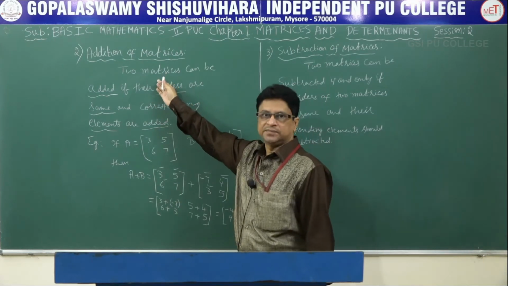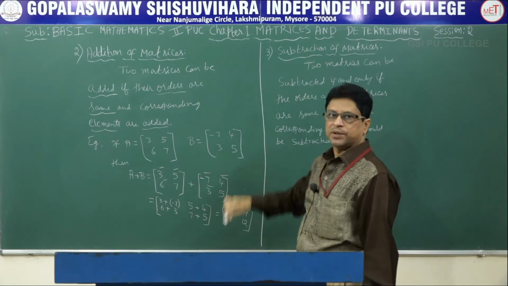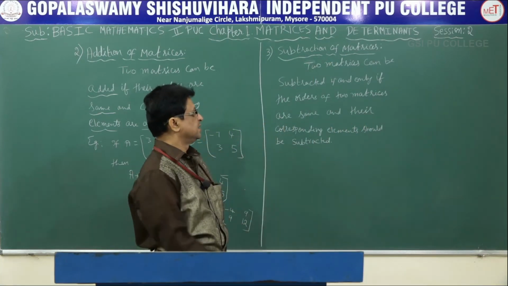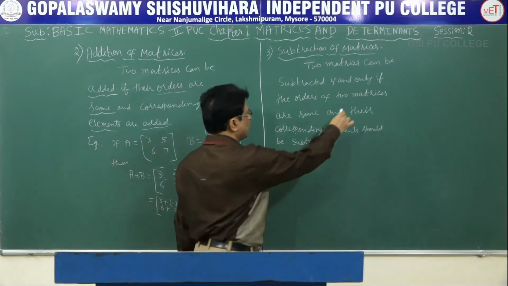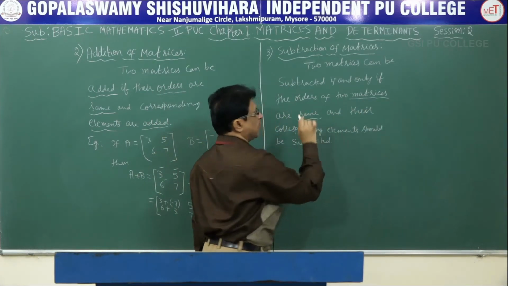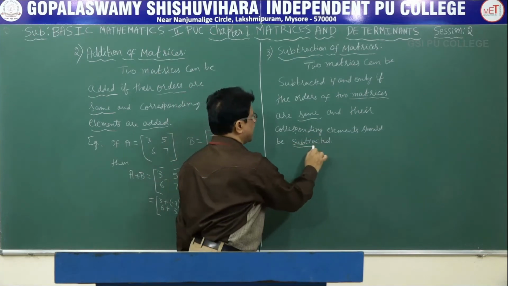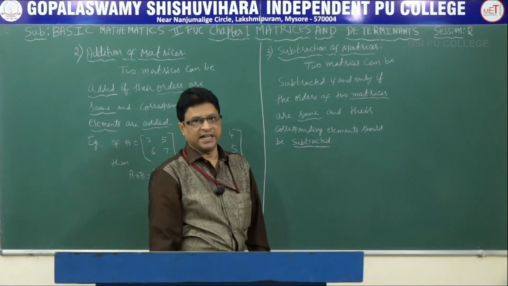Likewise addition, even in subtraction also, if you want to subtract two matrices, the orders of the two matrices should be one and the same and their corresponding elements should be subtracted.